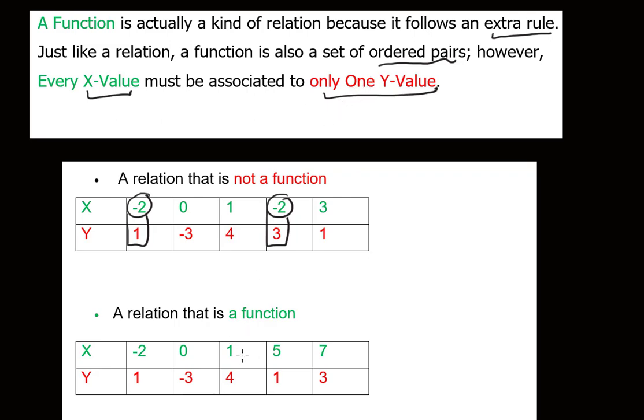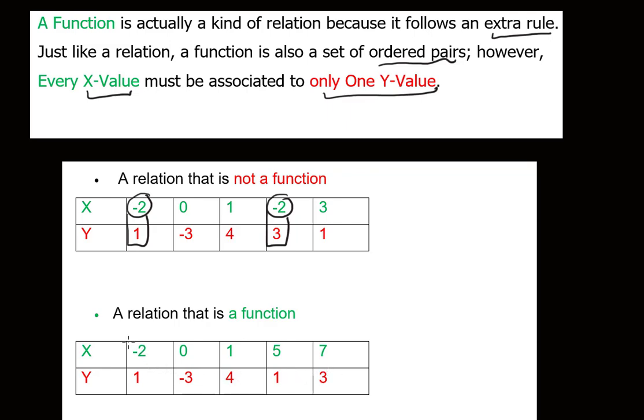So let's look at a relation that represents a function. As you can see, all the x values are unique. There is no duplicate x value, which means the outcomes of y could be the same. The -2 could be 1, 0 could be 1, 1 could be 1, and so on. If all the y values are the same number, that still is a function.